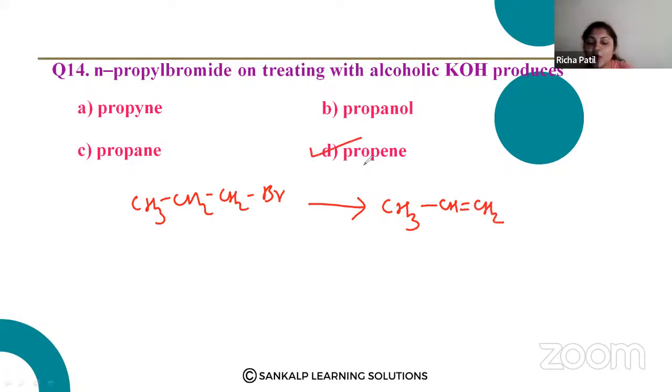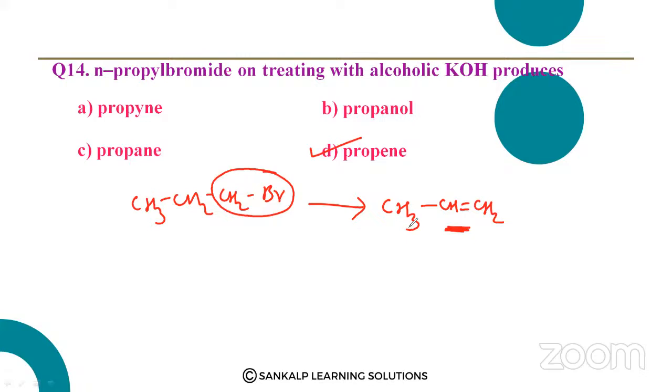We are preparing propene, not propanol. From dehydrohalogenation, the answer is D, propene. It will undergo dehydrohalogenation reactions.